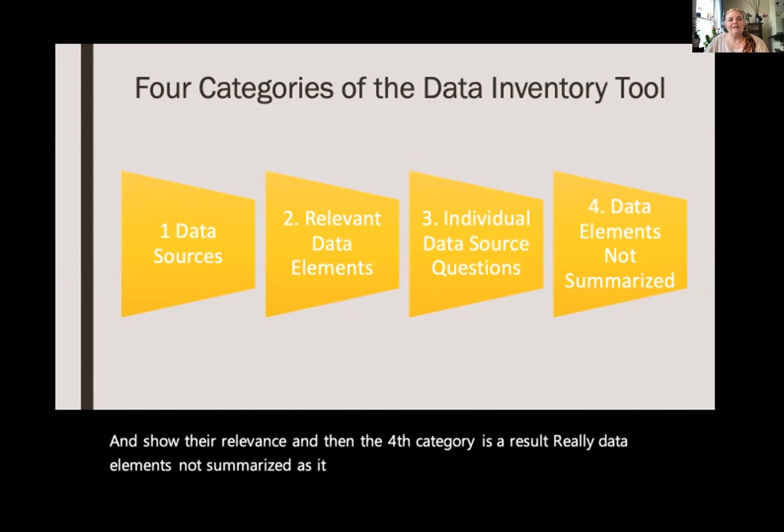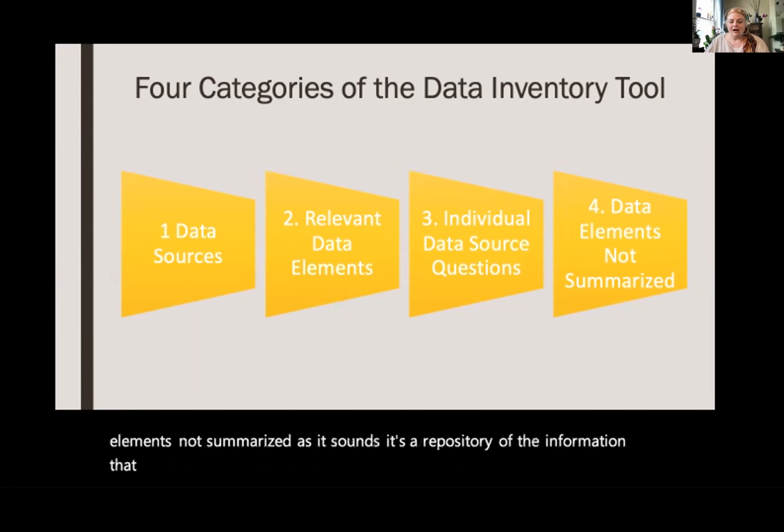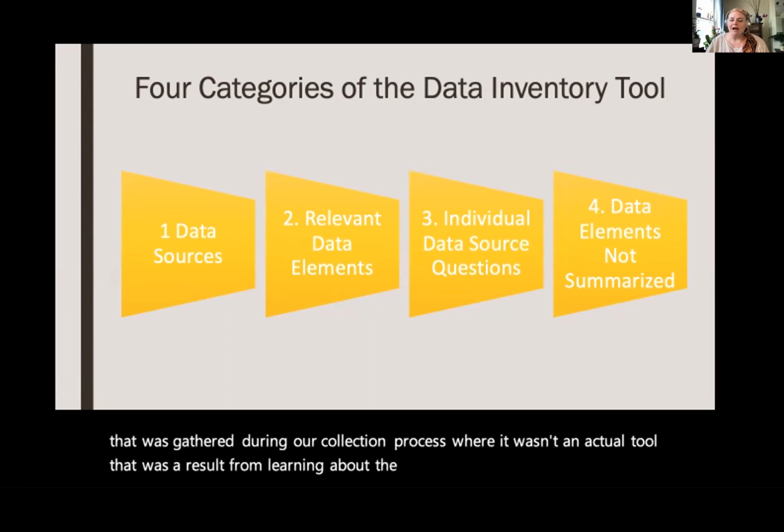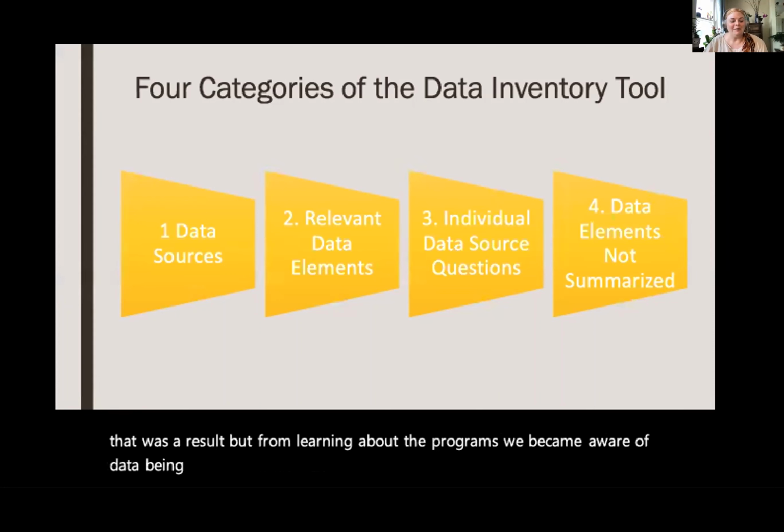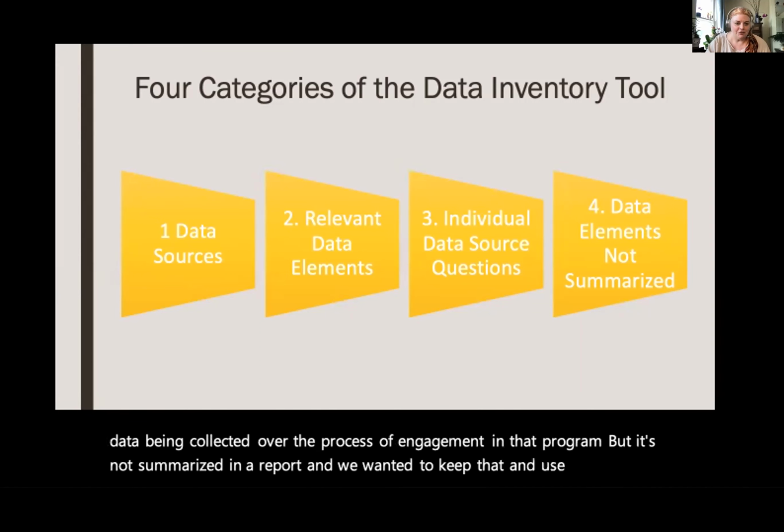It's a repository of the information that was gathered during our collection process where it wasn't an actual tool that was a result, but from learning about the programs, we became aware of data being collected over the process of engagement in that program, but it's not summarized in a report. And we wanted to keep that and use it for opportunities in the future.